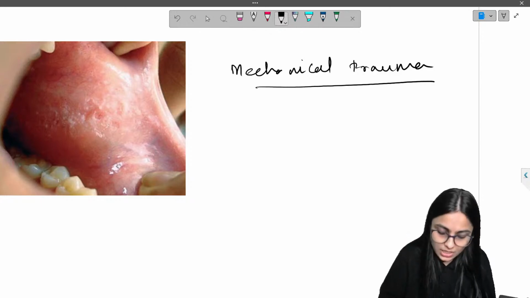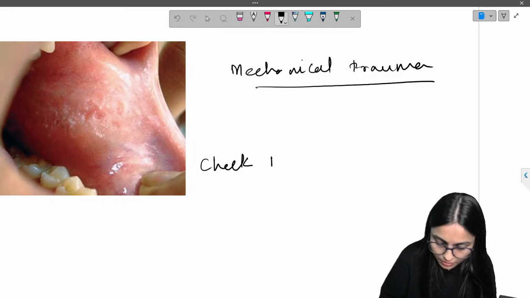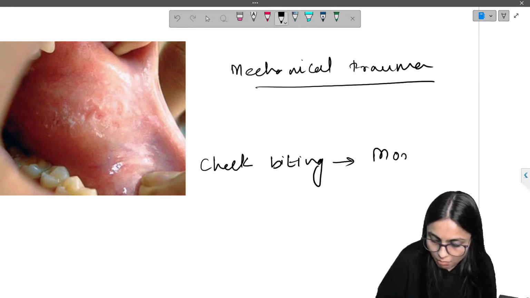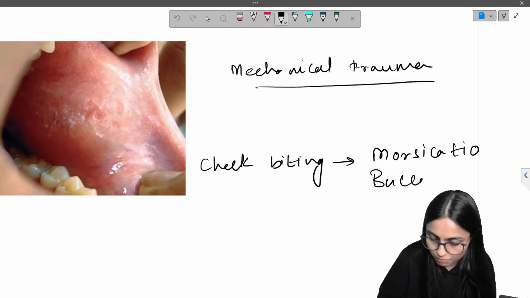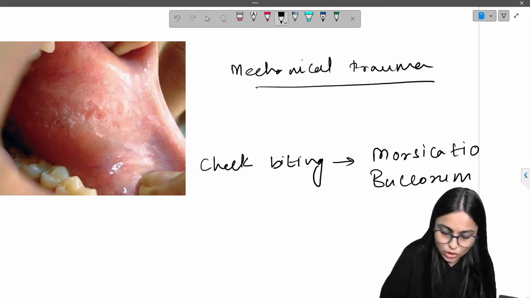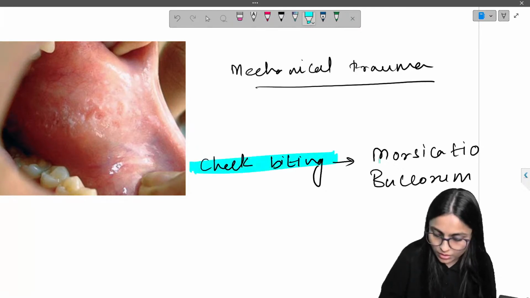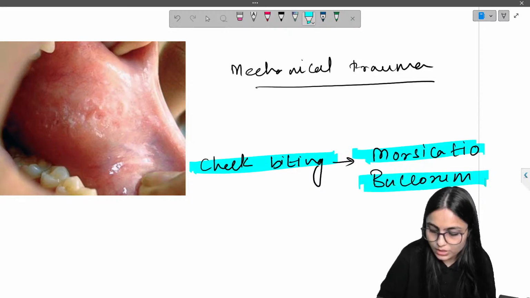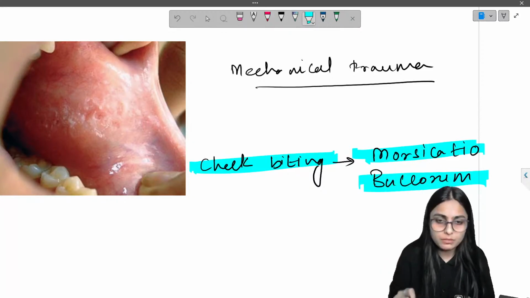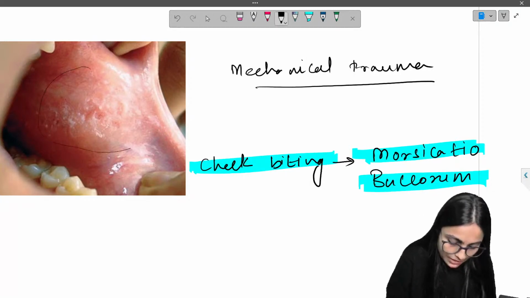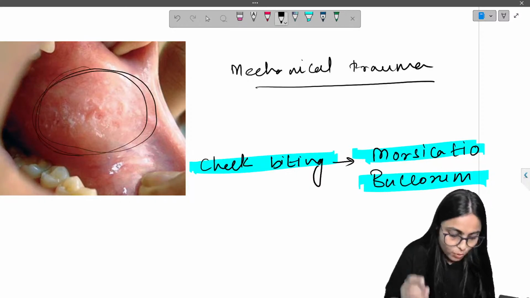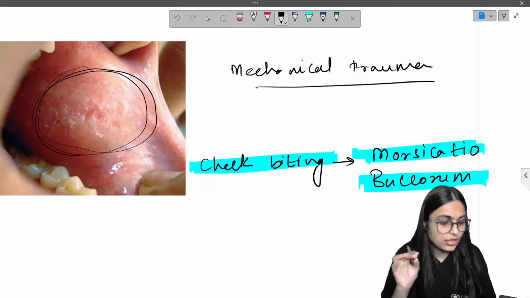This is called cheek biting, or the important term is morsicatio buccorum. Morsicatio buccorum is the synonym for cheek biting, which is a very important takeaway. You will see this poorly outlined epithelium on the cheek.